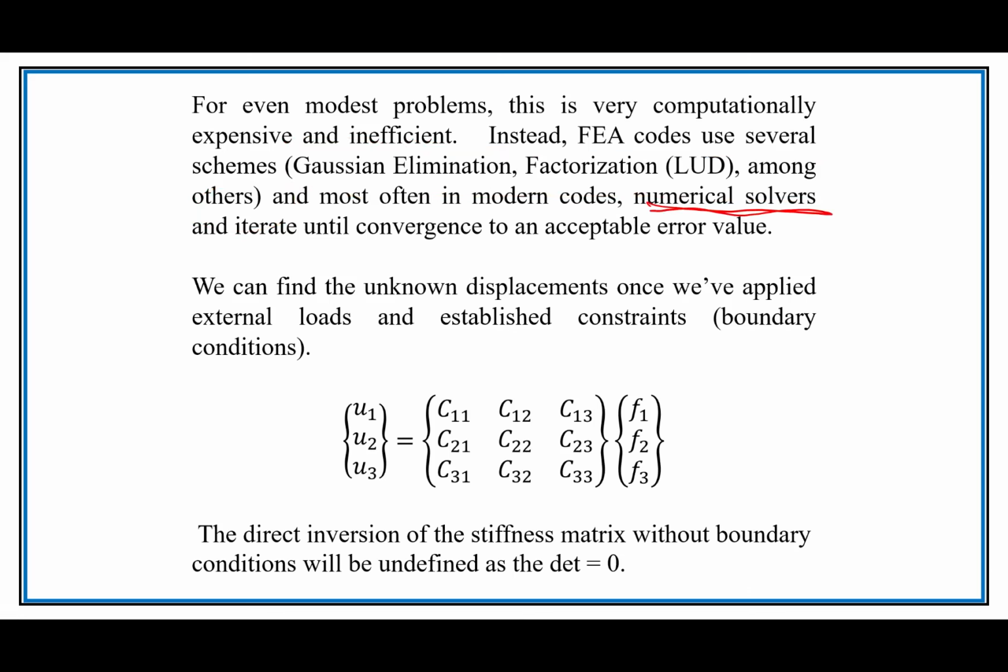And the best association you can make when somebody says it's a numerical solver is a guess and a check, where they make a guess about what the answer is going to be, and then they check and throw the numbers back in and see does that work, and then they see what the error is, and they make a better guess, and then a better guess, and they do it over and over again until it converges to a solution.